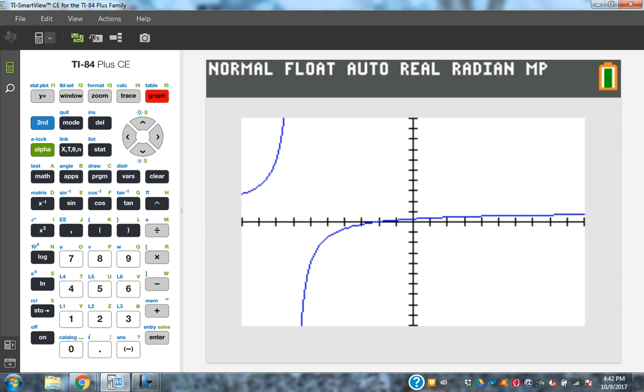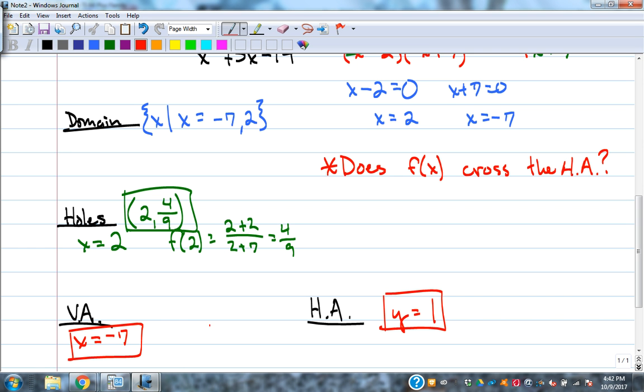So what you would want to do in order to determine the answer to this question is take the simplified version, x plus 2 over x plus 7, and set it equal to that horizontal asymptote, y equals 1. I'm setting it equal to 1. If I can find an x value that gives me an answer, then it crosses it, and that would tell me the x value where it crosses it. But if it doesn't have an answer, then it doesn't cross it.